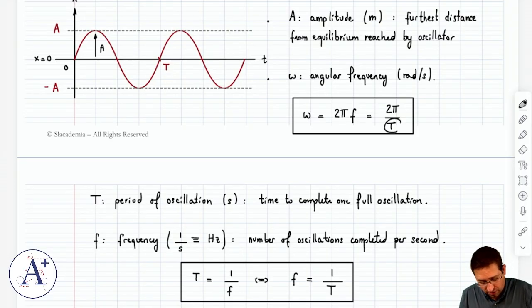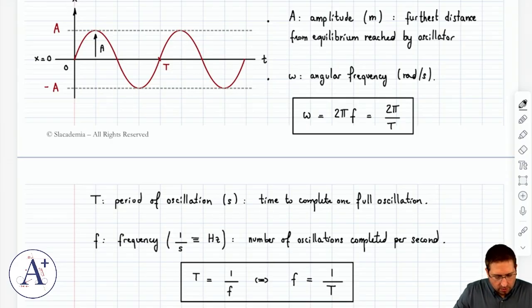If T is very large, then omega is very small. So if omega is very small, it's going to take a long time to complete one full oscillation. But if T is very small, if the one oscillation happens very quickly, then omega goes up, and if omega goes up, then the cosine or the sine gets more packed together. You get more oscillations in 1 second by definition. Okay, so that's what that represents.